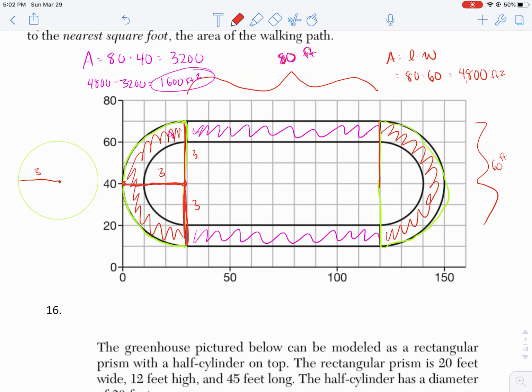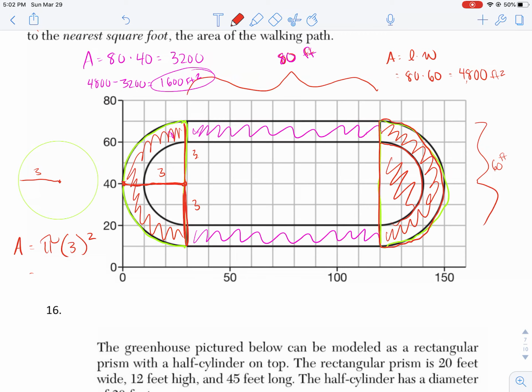So in order to find the area of that outside circle, right, because we got one section over here, we got one section over here. So all we got to do is find the area of that one circle, and then subtract it by the area of that inner circle here. Okay, same process we did with the rectangles, except we're dealing with a circle.